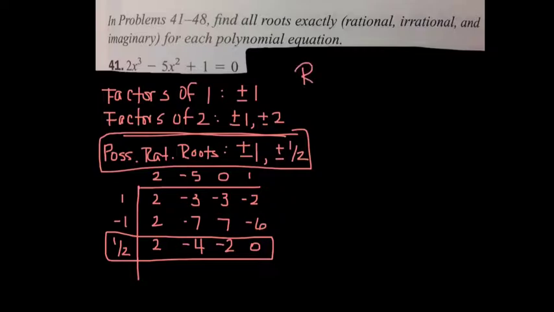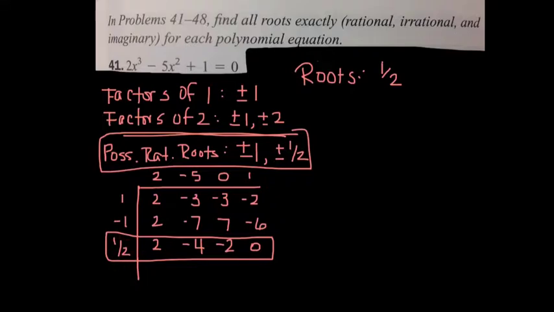So let's see, if I make a list of my roots up here, I know that 1/2 is one of them. And again, because this is a third degree equation, I know that I'm looking for 3 possible roots. Well, I could rewrite this equation as a product of its factors. So 2x to the third minus 5x squared plus 1.